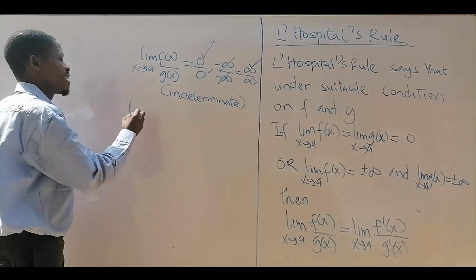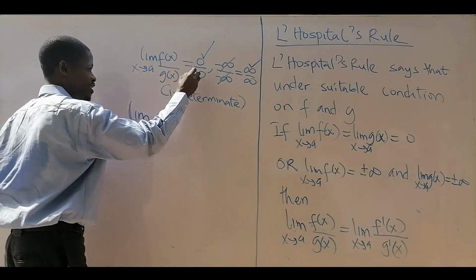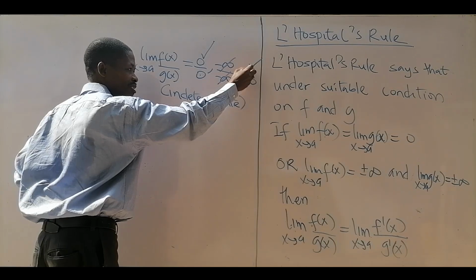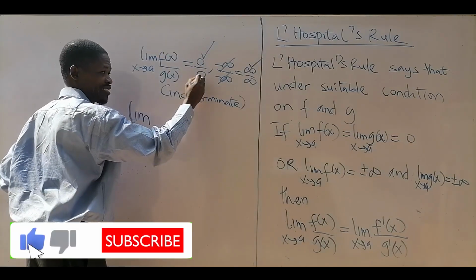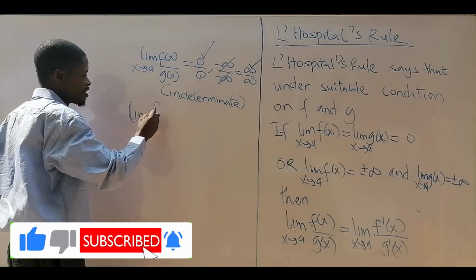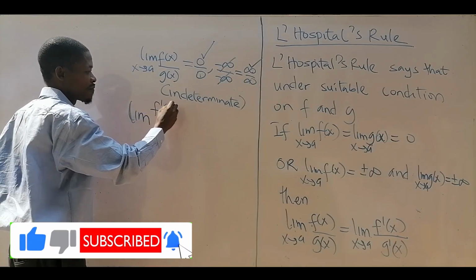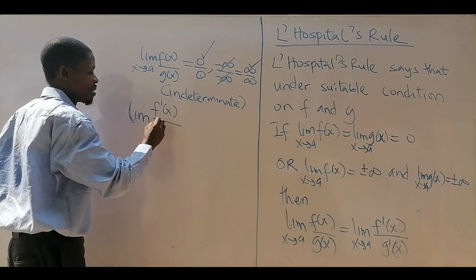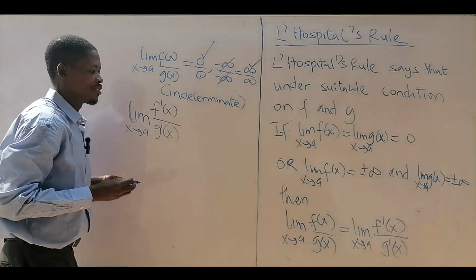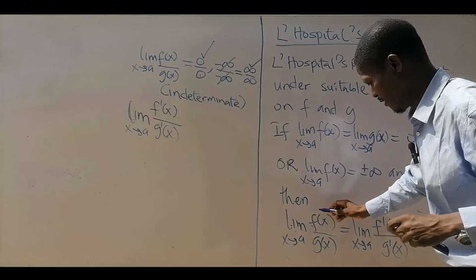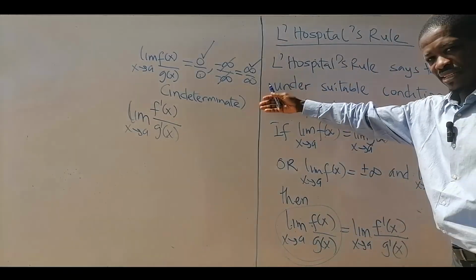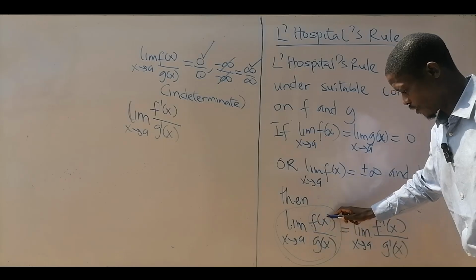What is this saying? That fraction that led to this 0 over 0, infinity over infinity, you will differentiate it. That will be f prime of x over g prime of x. And that's what L'Hopital is saying: the limit that led to the indeterminate, you differentiate that function.